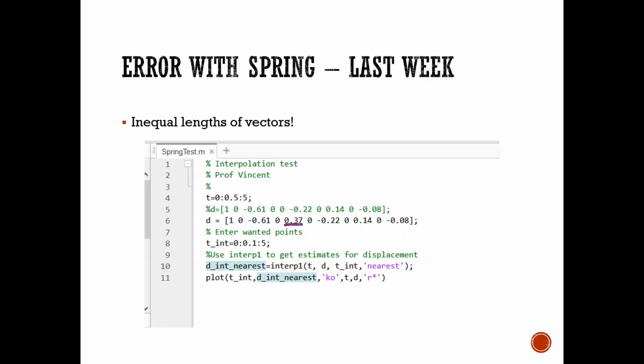So if you're plotting this or doing something that depends on placing in a vector, the vectors have to be the same length. If they're not the same length, then it's not going to work. Usually the error is different to the error that was shown in class. Usually it says that there's an unequal length of vectors, something like that. But I felt that it was worth mentioning because it's a very common error that I've seen.